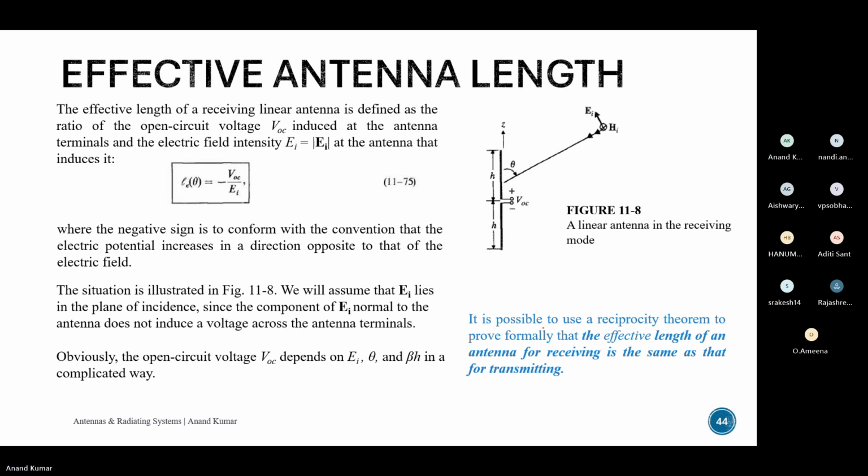Up till now we were looking at the receiving antennas, and by the reciprocity property of the antennas, the effective length of the antenna for receiving will also be the same as for transmitting. So for the transmitting antennas as well, we have the same expression for the effective length.